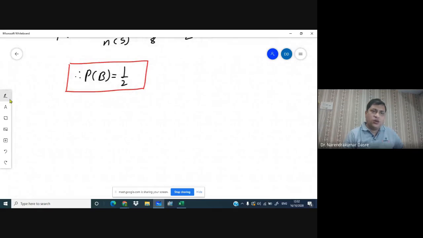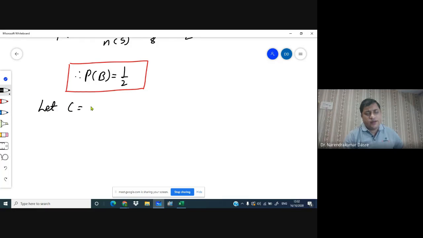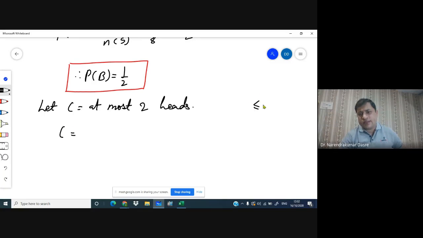Okay, so we have, let C be the event at most 2 heads. Okay, so when I say at most 2 heads, that means the heads is less than or equal to 2. Okay, so number of heads less than or equal to 2. So that's what we have to consider.